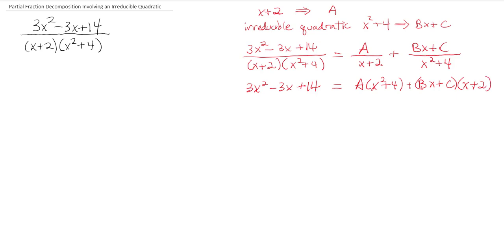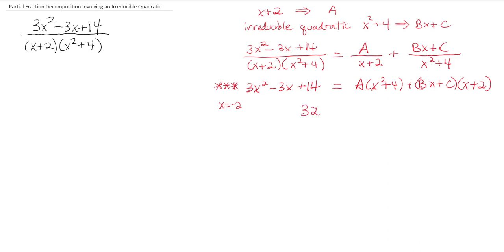We have a linear factor, so why don't we test this triple star equation? Let's test x equals -2. When x equals -2, what happens to this equation? Well, we get 4 times 3, which is 12. 12 plus 6 is 18. 18 plus 14 is 32.